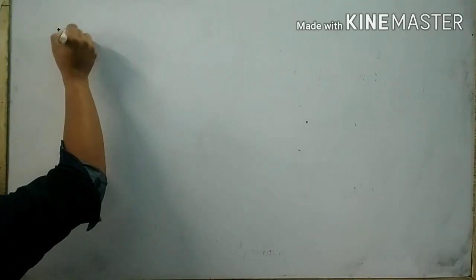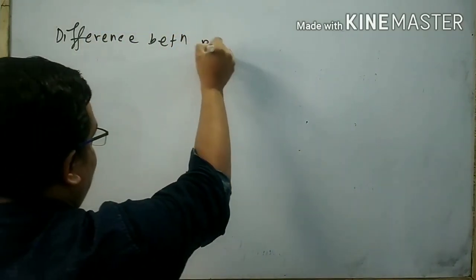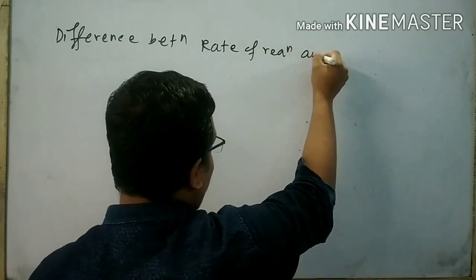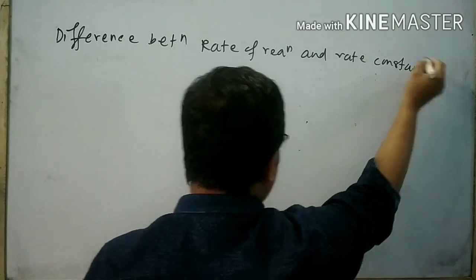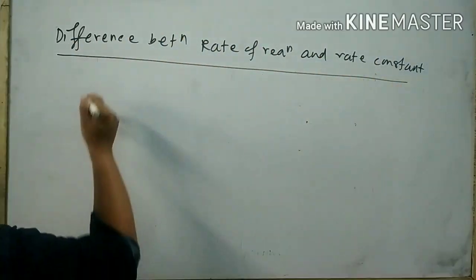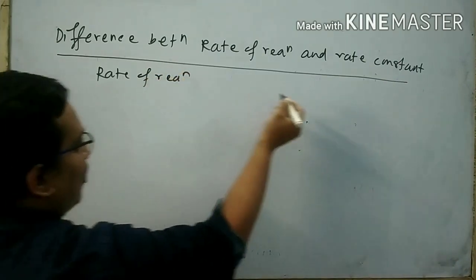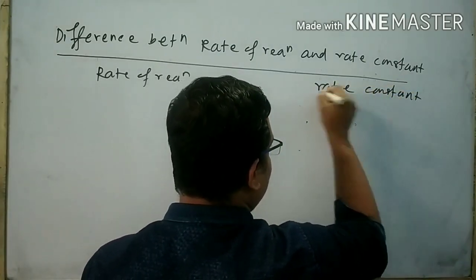Next I will explain the difference between rate of reaction and rate constant.